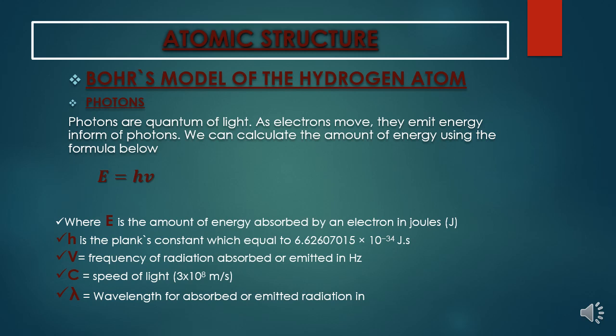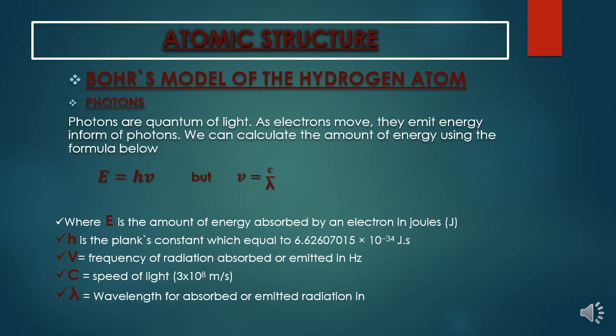C will be the speed of light. I'm going to show you how it is applied. And we have lambda, which is the wavelength of that light which is being absorbed or emitted.